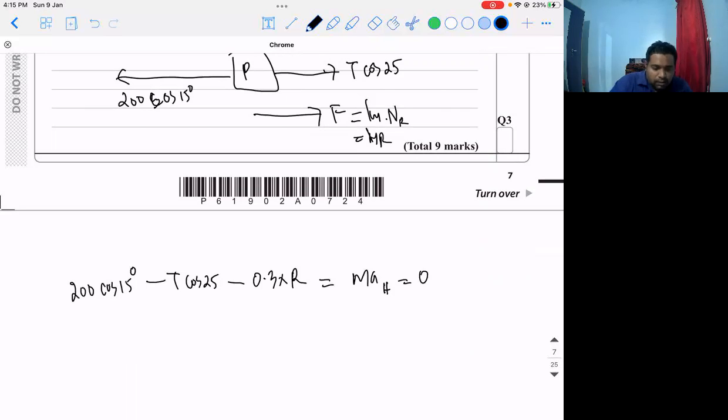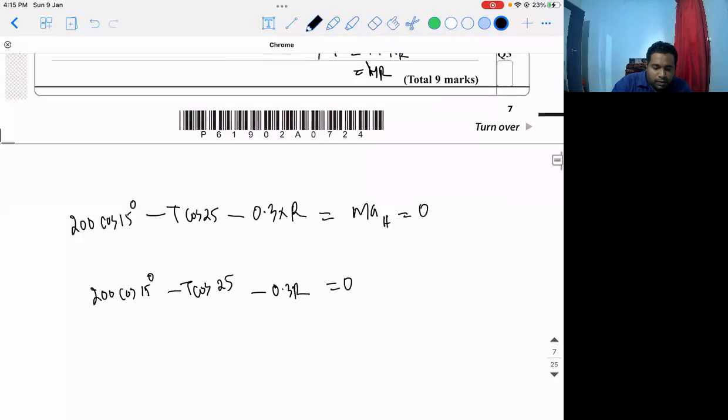Well, 200 cos 15 degree minus T cos 25 minus 0.3 R is equal to 0. That means another equation we got.